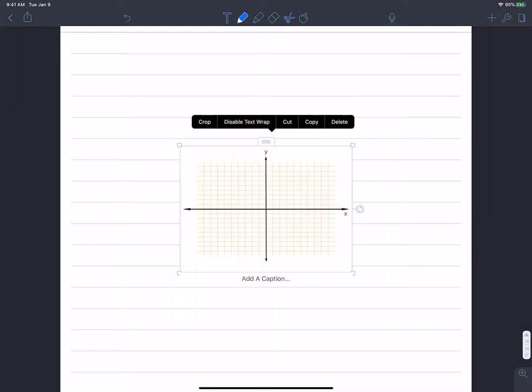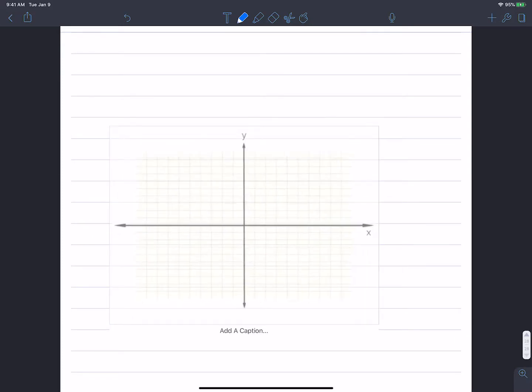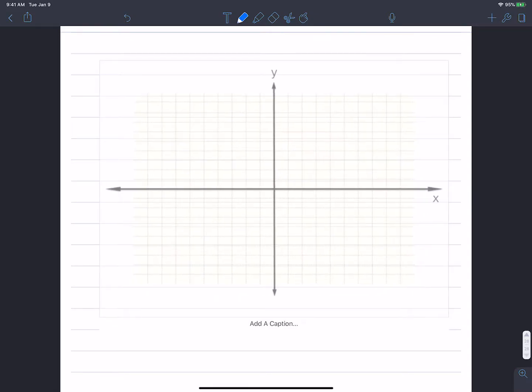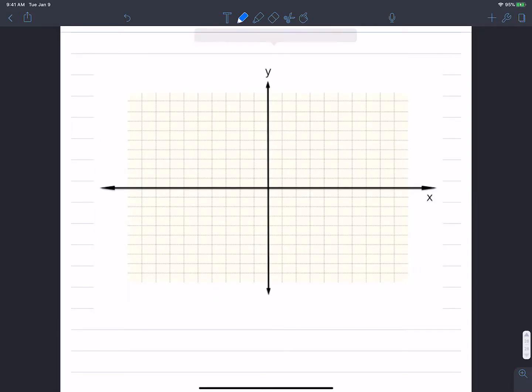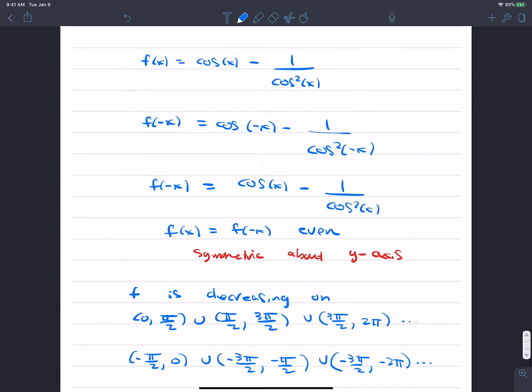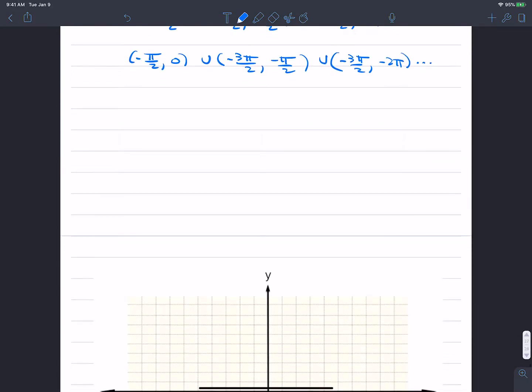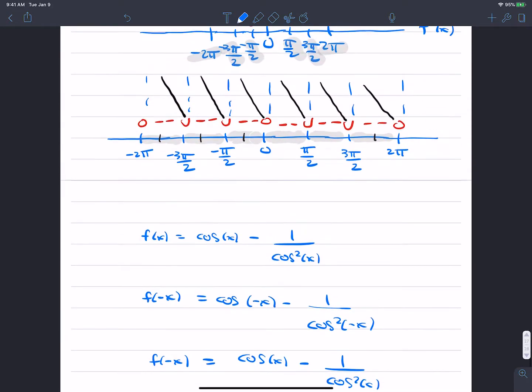Now, hopefully we can do some of these here. So where do I have my asymptotes? You guys know? At pi over 2, 3 pi over 2, negative pi over 2, negative 3 pi over 2. Is that true? I'm going to have to be careful here.